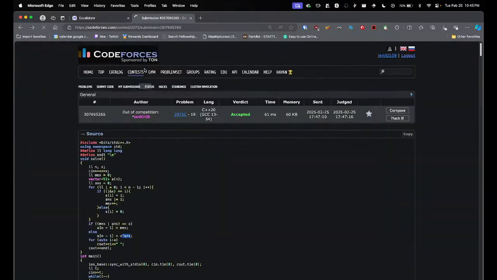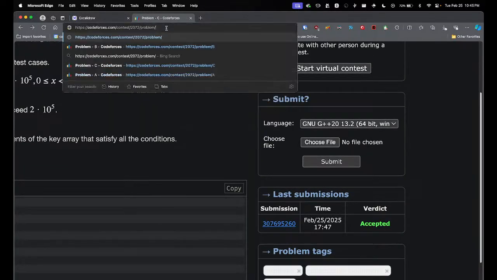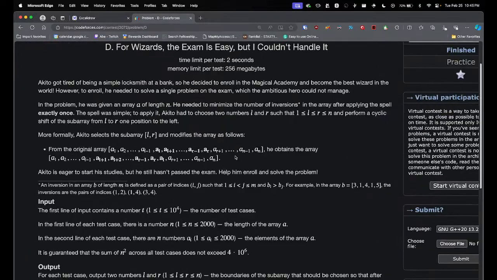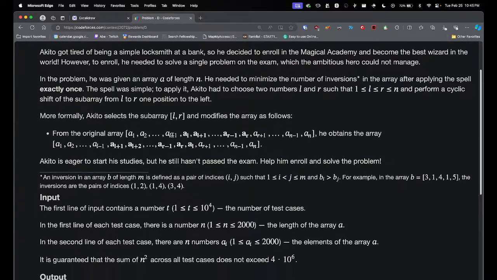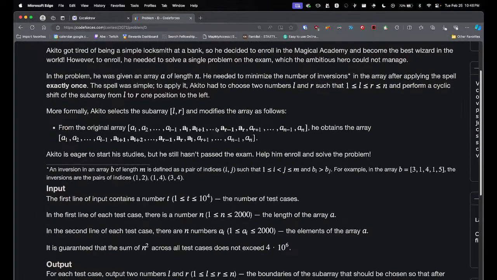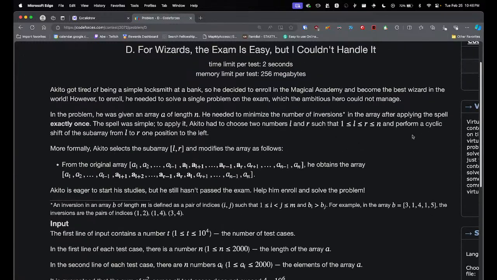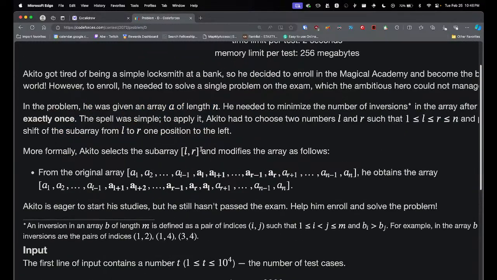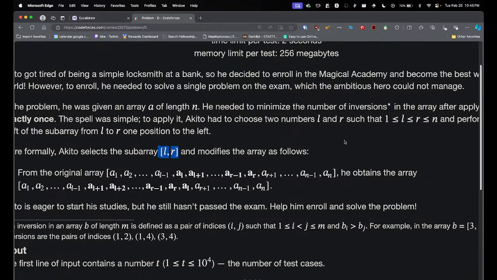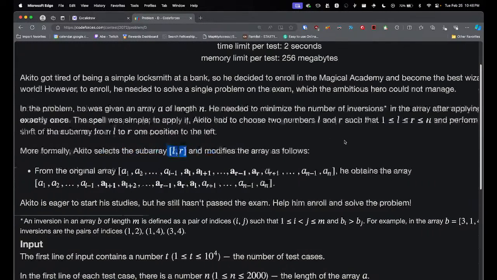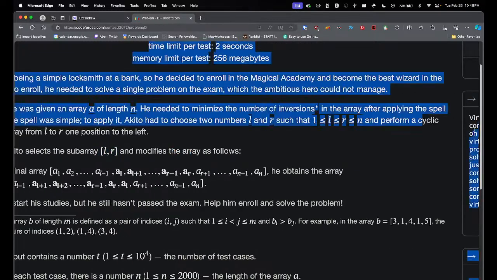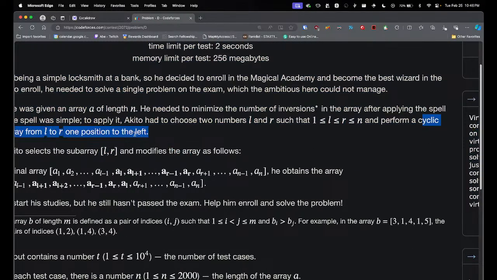Now moving on to D. In D you're given an array and you want to select a subarray LR and modify it such that you basically do a cyclic shift to the left.